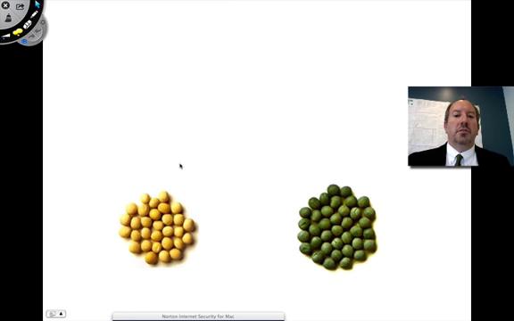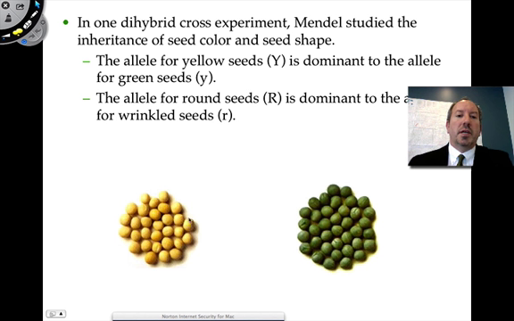And so here's an example of one of the experiments that he did. He was looking at these pea plants, and there are 2 traits in play here: round and yellow. These are the characteristics of seeds. Round happens to be dominant, and yellow happens to be dominant.